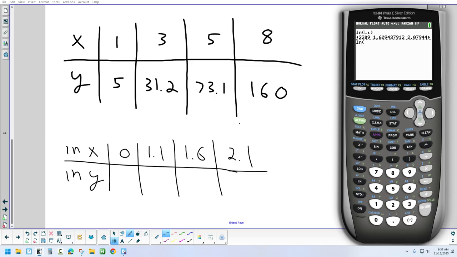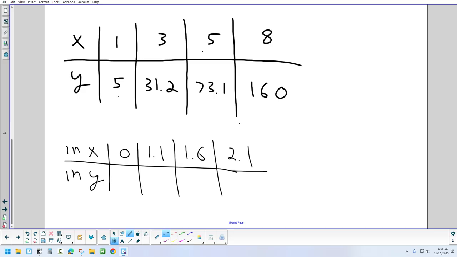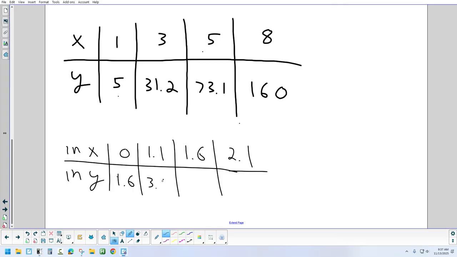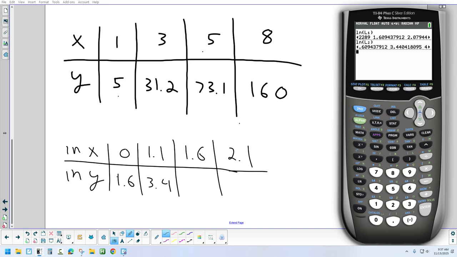Take the natural log of every number in L2. So we get 1.6. You get the same number because 5 was used twice. 3.4. And we've got 4.3 and 5.1.